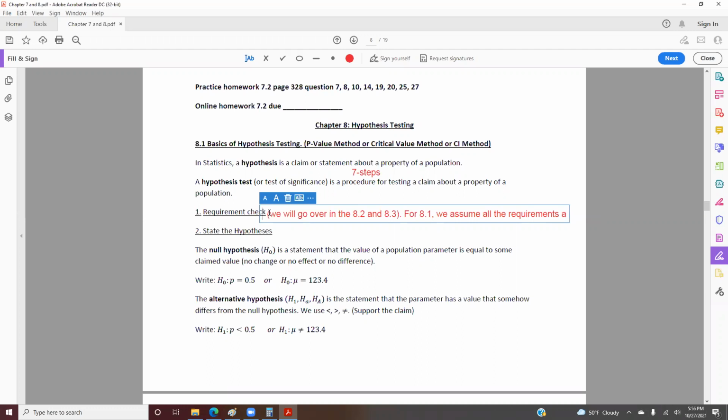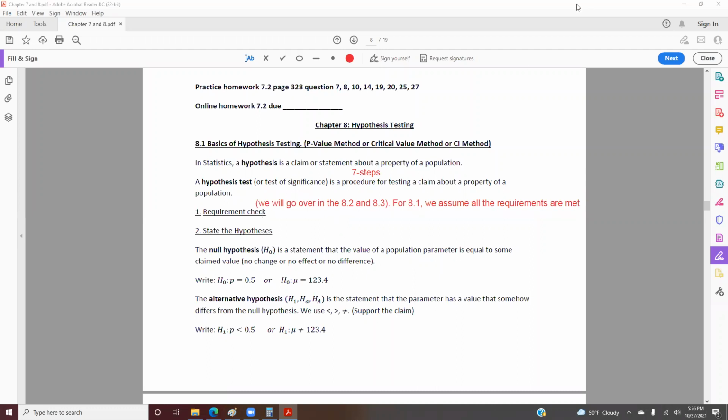We are doing that just for this section. When you go to 8.2 and 8.3, we will actually check that. But for this section, we will say that they're all met.